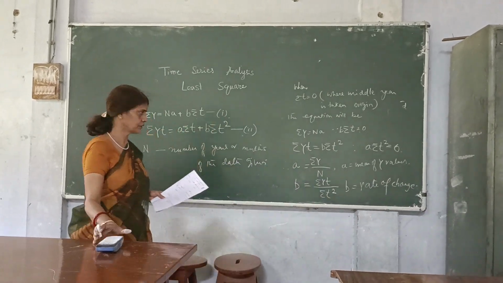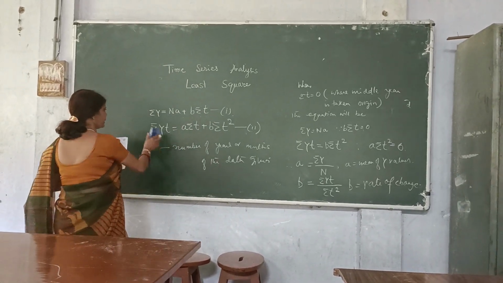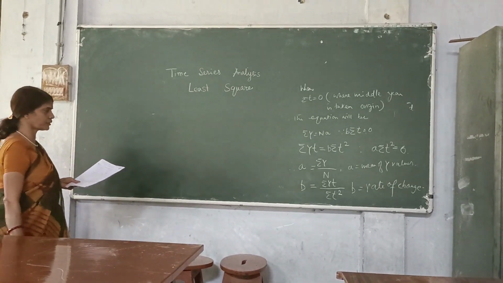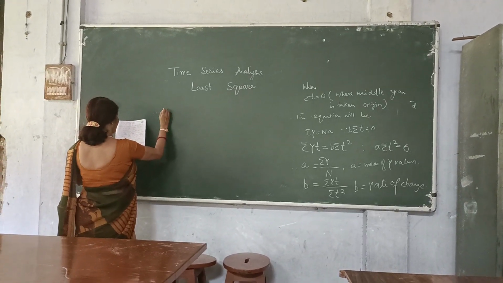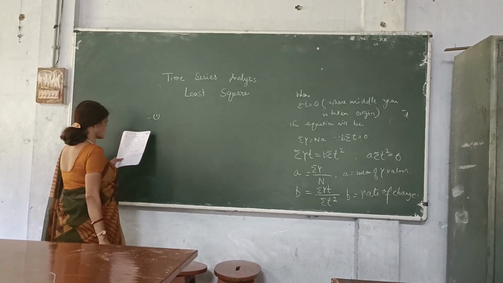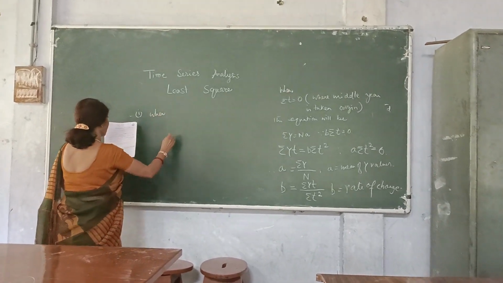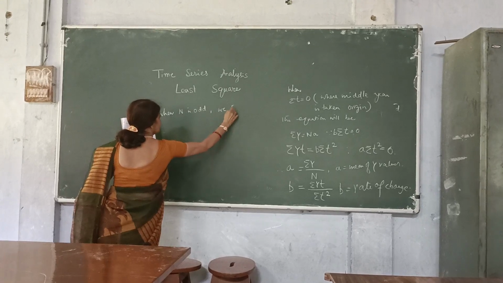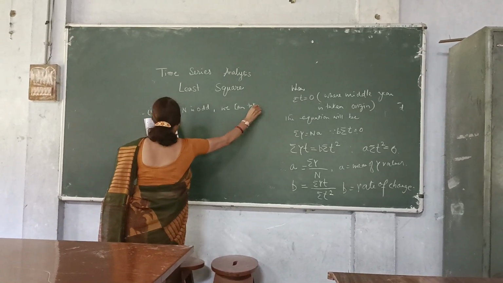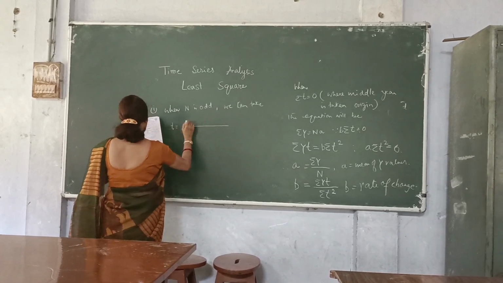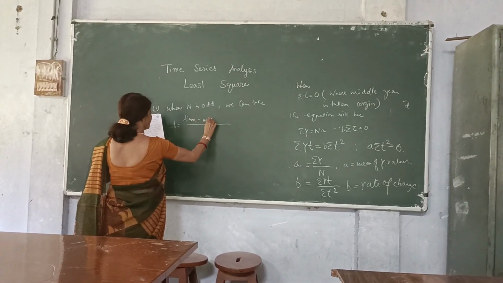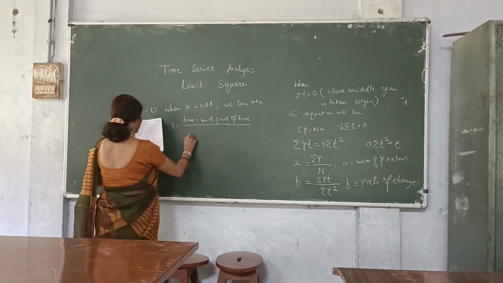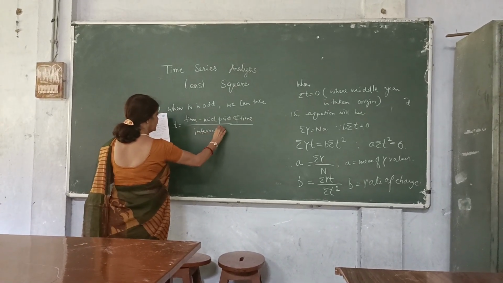Now here again, important conditions. One, when the number of pairs n is odd, we can take t equal to time minus midpoint of time, divided by interval in time.